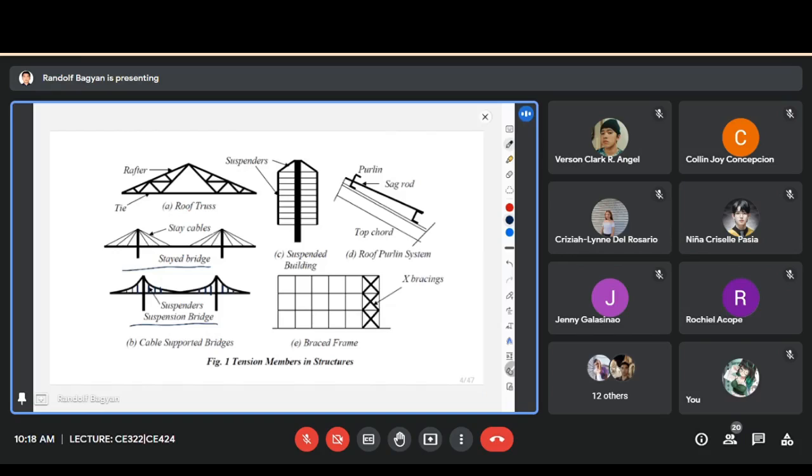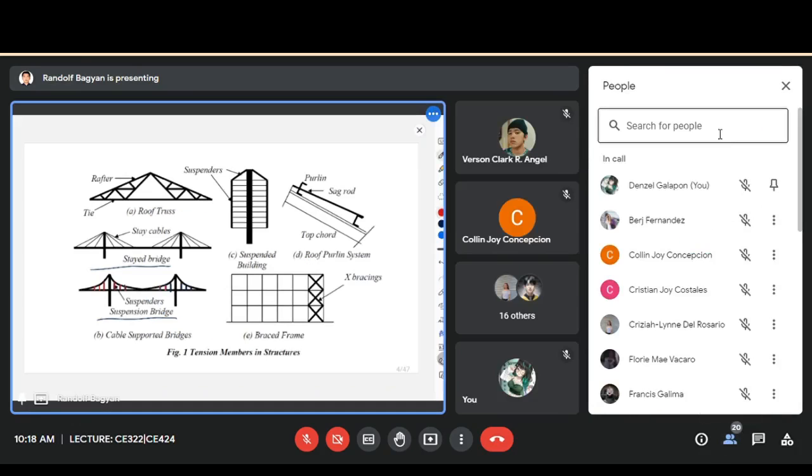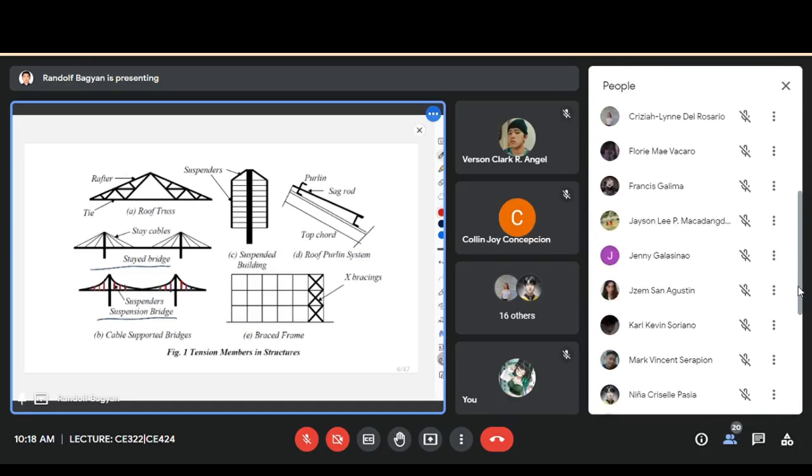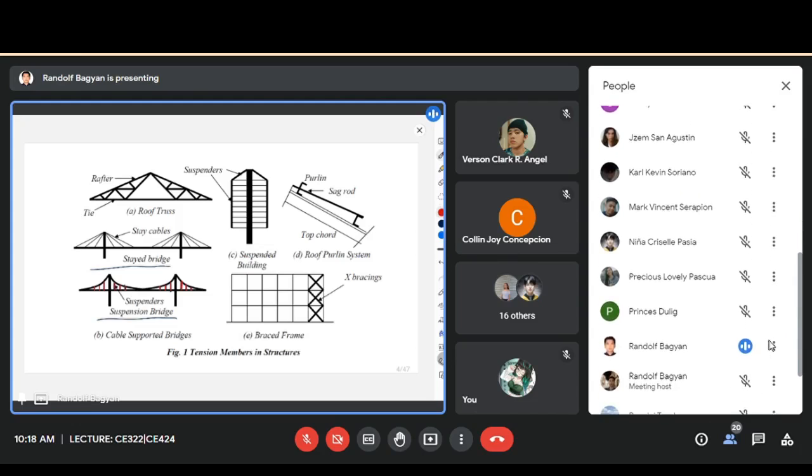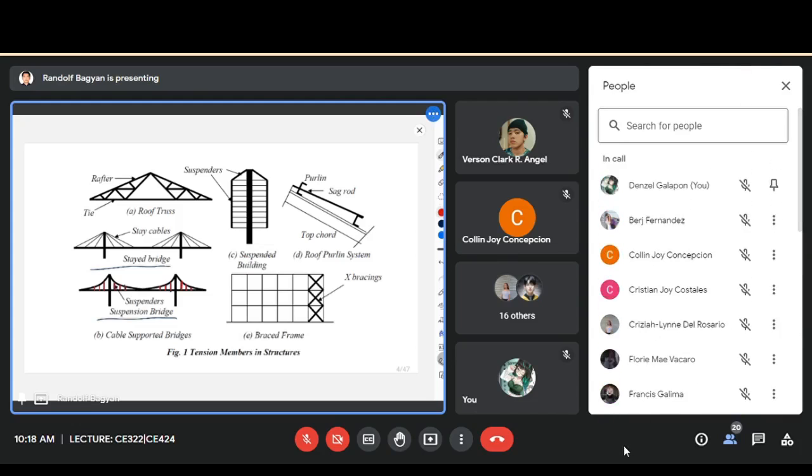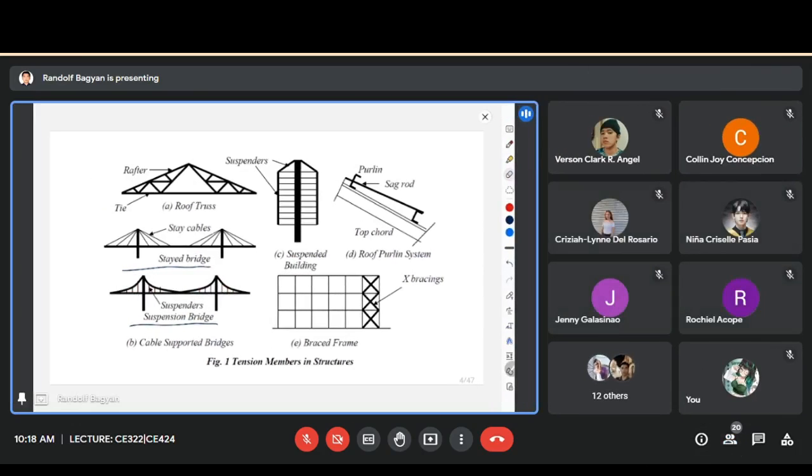I hope you can see, these members should be red. So have you seen those types of bridges? I don't know, the closest to us that I saw is the Lalo Bridge in Cagayan.